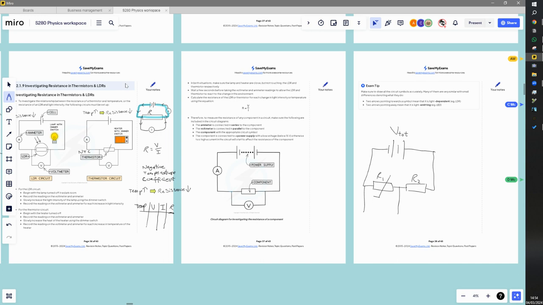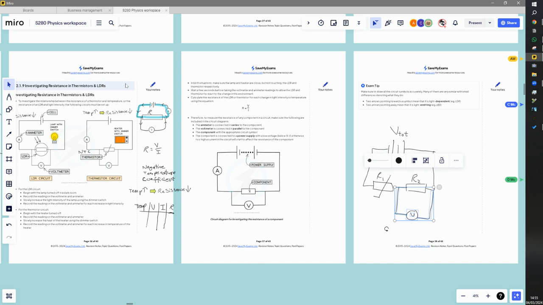Remember that the voltage... let's do this first. So imagine I measured it. I've drawn my diagram slightly wonky.